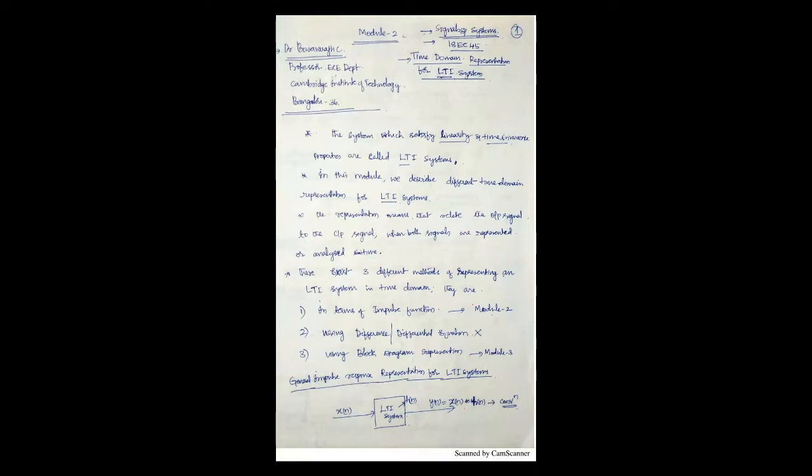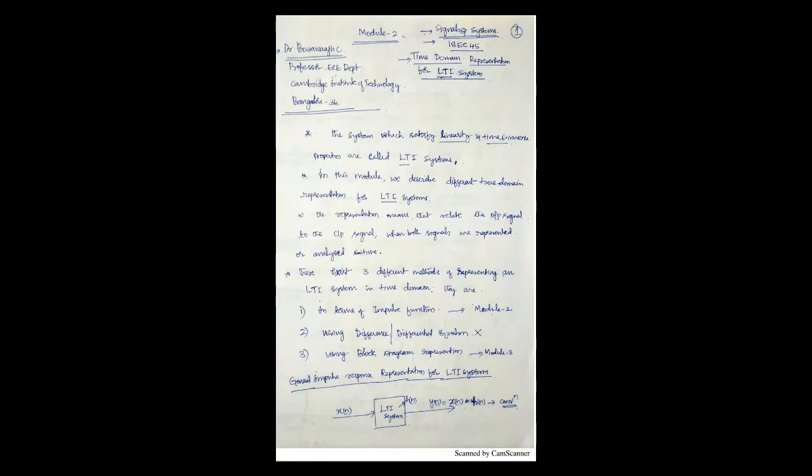Now, last point: there exist 3 different methods of representing any LTI system in time domain. This is very, very important. Number 1, in terms of impulse functions.